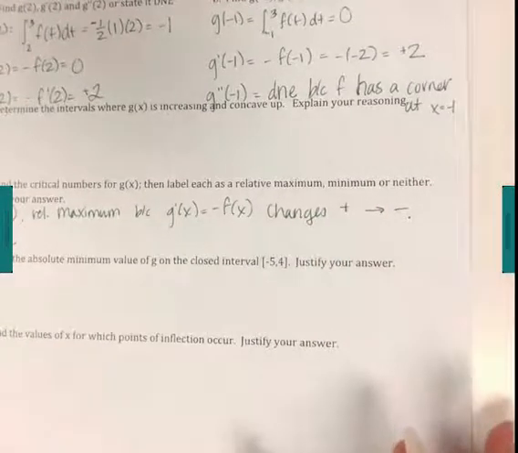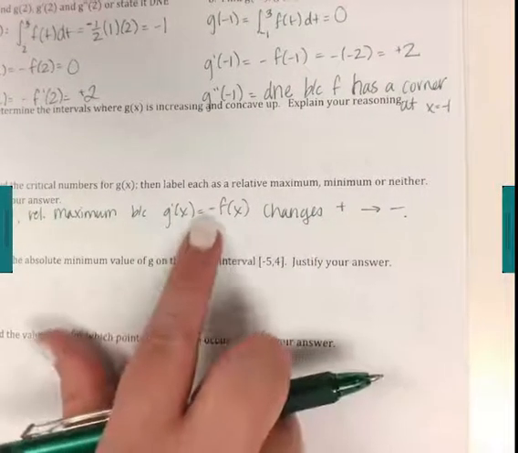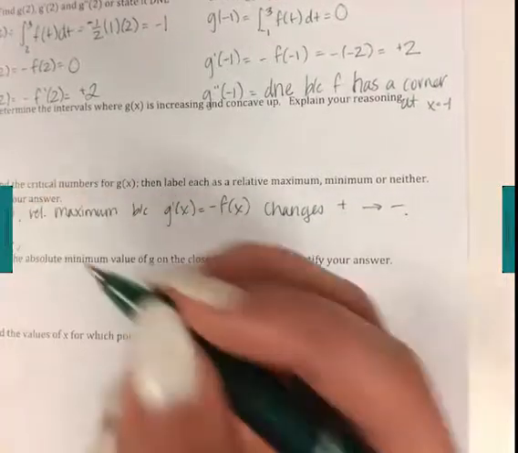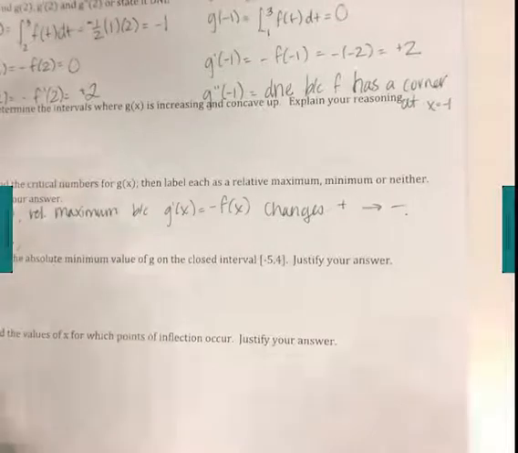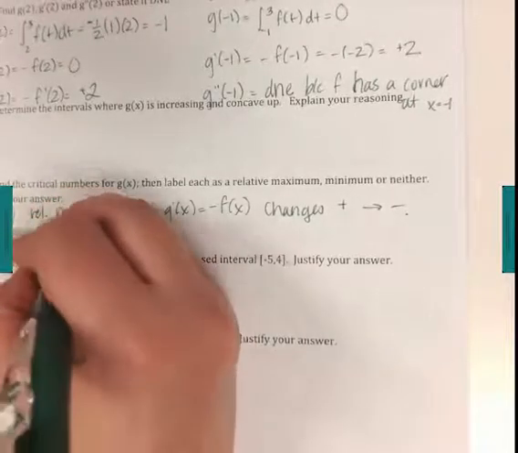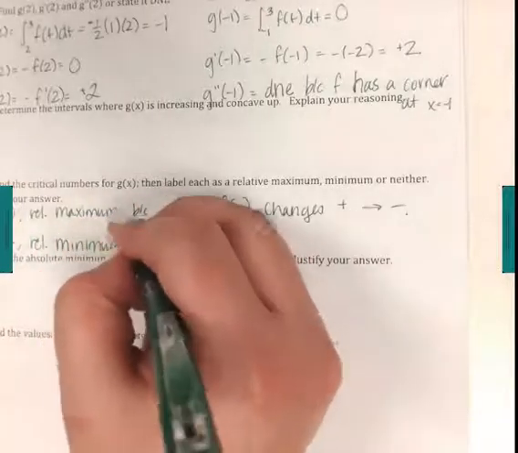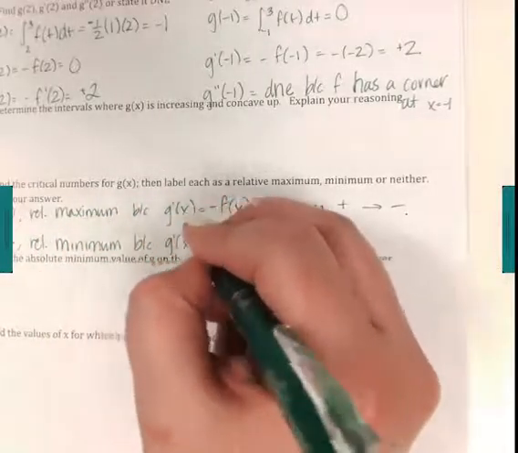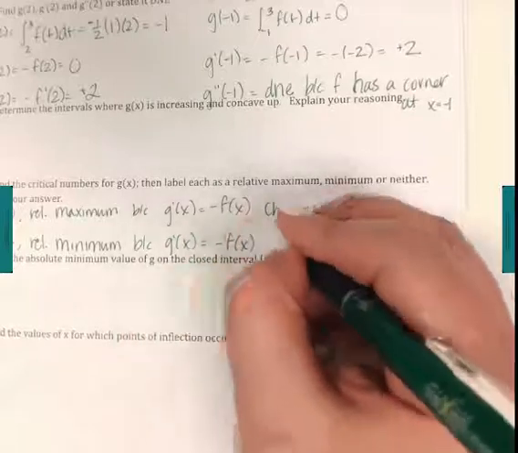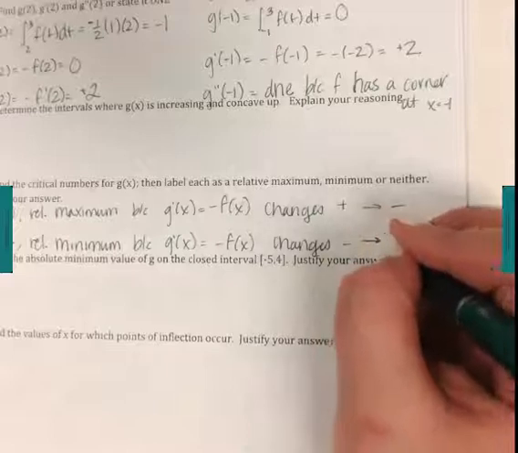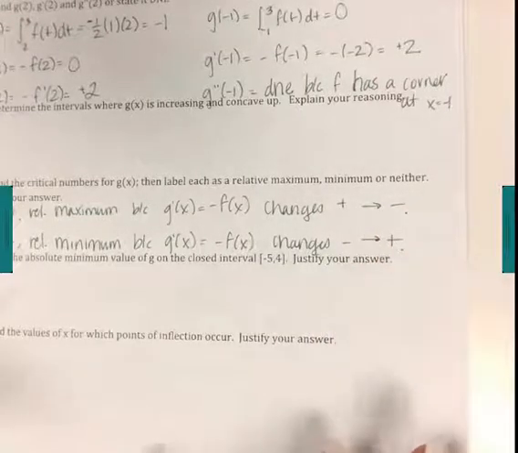And remember, why is it changing backwards? Because of this negative. That affects everything. What would we say then that 2 is? Relative minimum, because g prime of x, which is really negative f of x, changes from negative to positive.